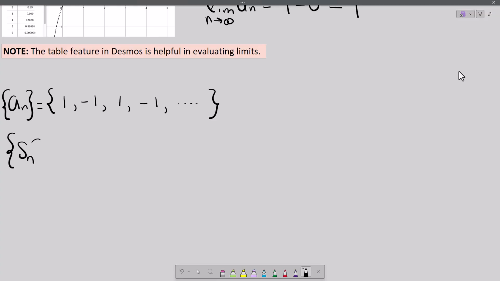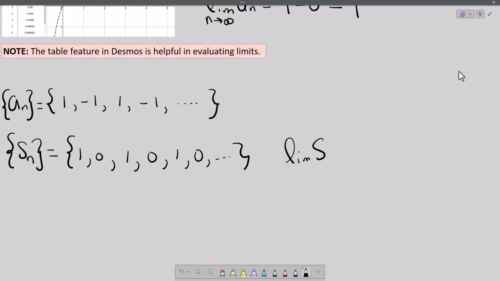The sequence of partial sums will be 1, and then 0, and then 1. Does that sequence converge? No. So the limit of S_n here, all we can say is that it does not exist.